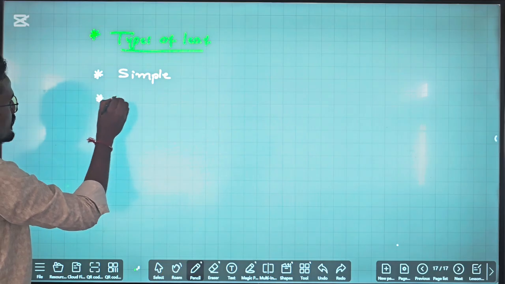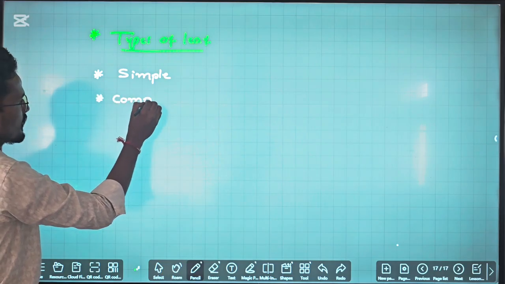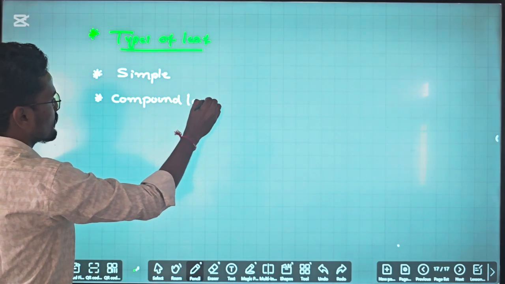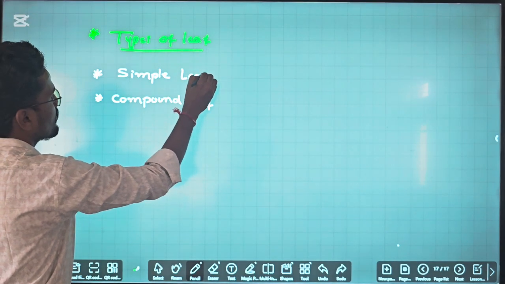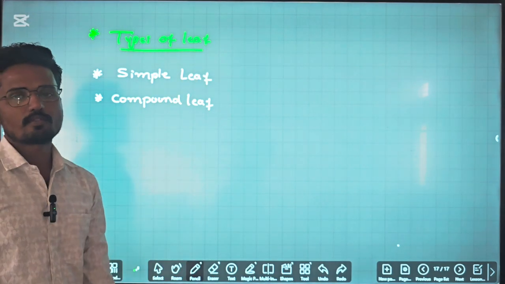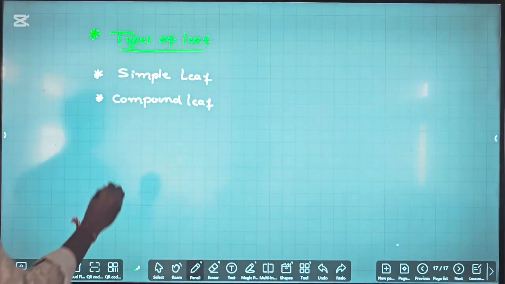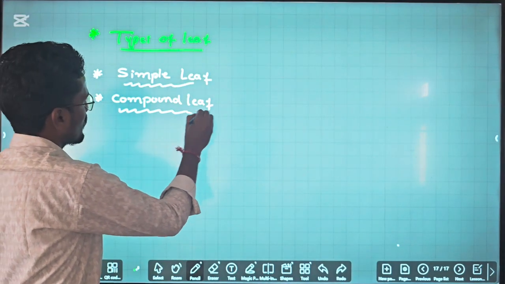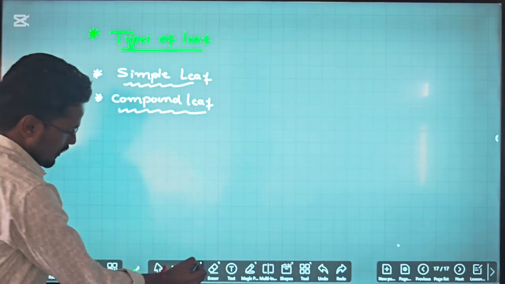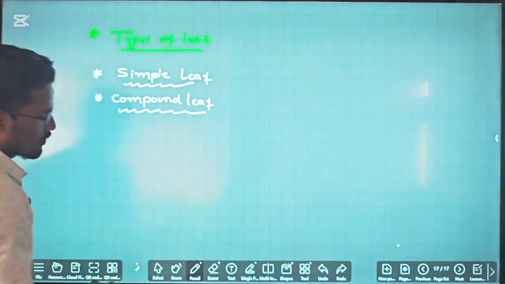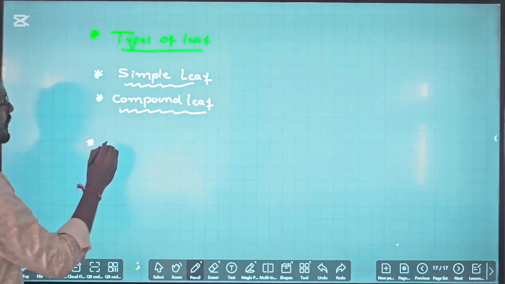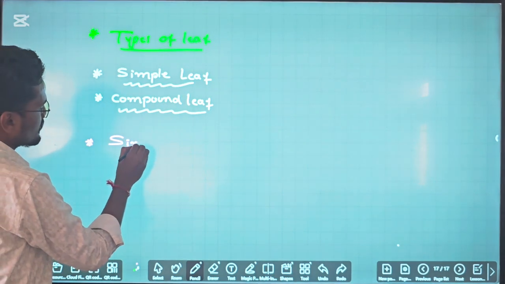One is simple leaf, another one is compound leaf. We'll understand what actually a simple leaf means and what a compound leaf means.